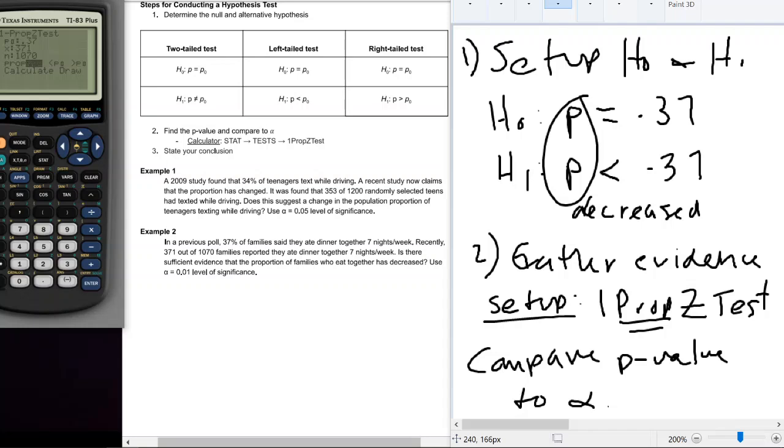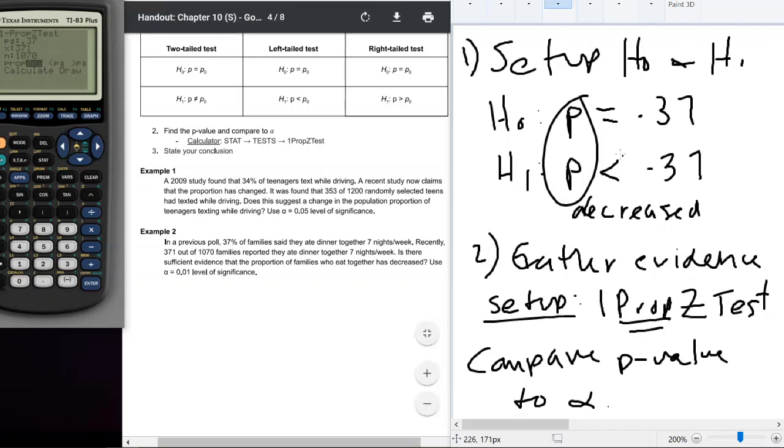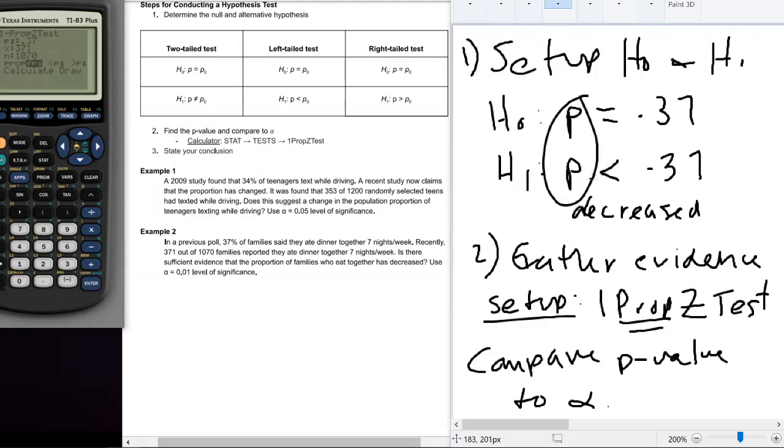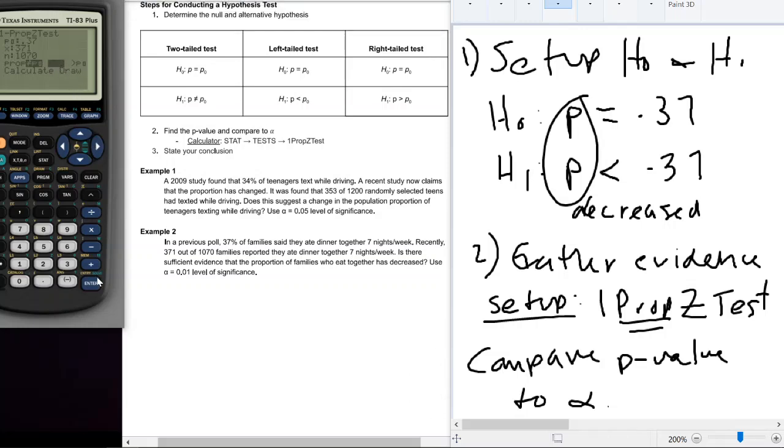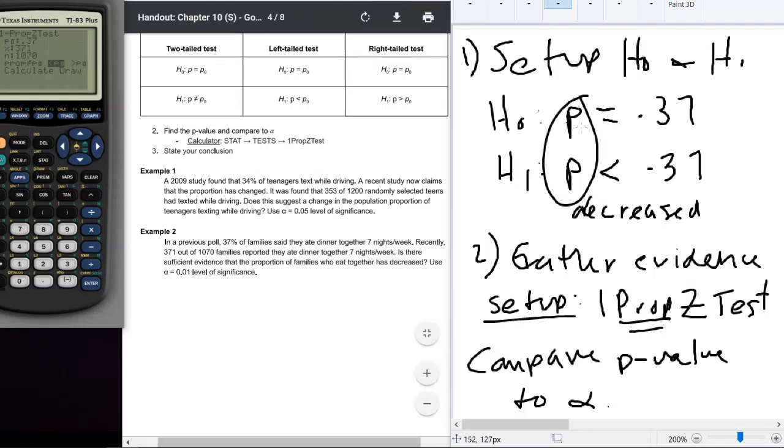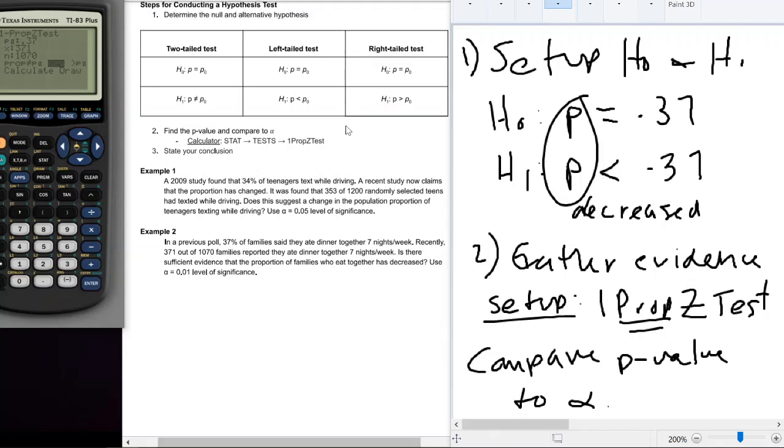So we're going to take this symbol and translate it over here. Match this symbol with the one you see over here. So we're going to change the not equal to the less than. Now we calculate and see if we have enough evidence to back up our claim.